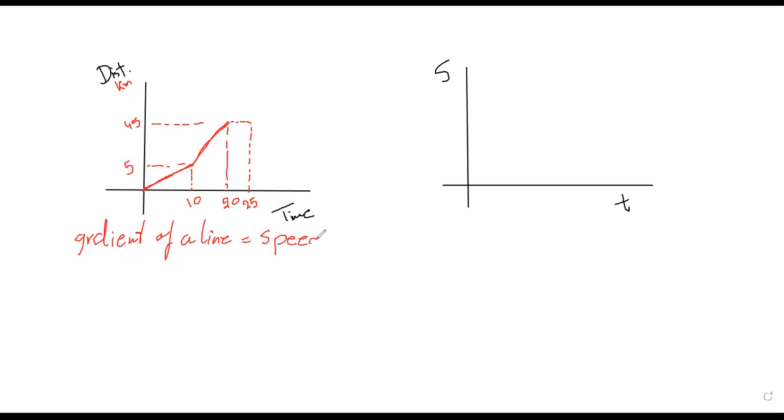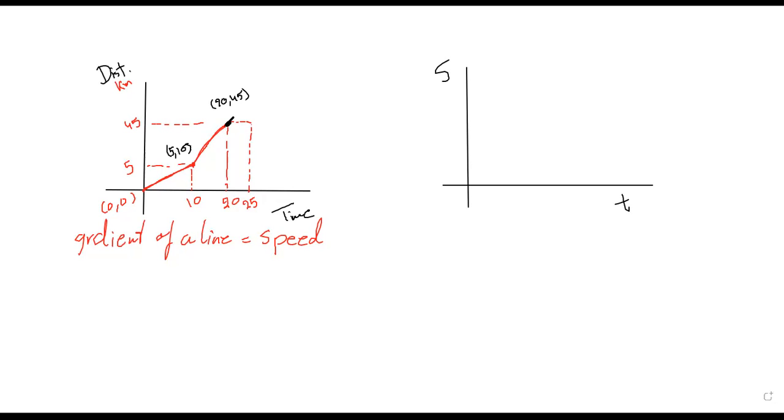If they give me this graph and say find the speed in the first part of the journey, then as you know, by using math, gradient means we have to find 2 points on the line and find the gradient. Now this point is 5 and 10, and we can calculate the gradient for the first part of the journey, that is y2 minus y1 over x2 minus x1. And we have another part of the journey, which is 20 and 45.